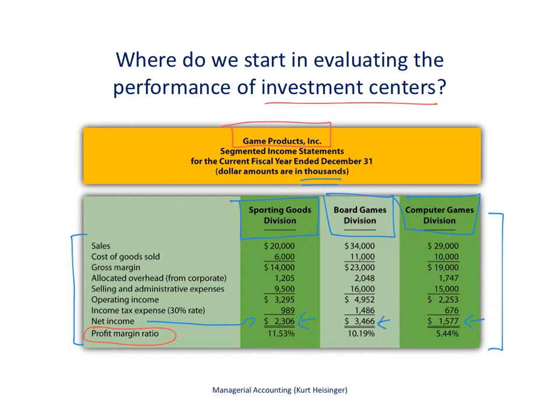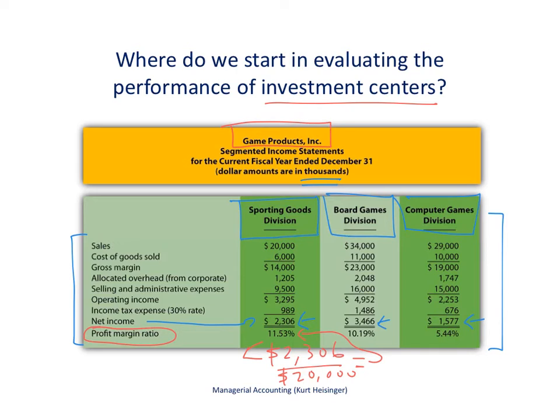So in looking at this 11.53% here, we calculate that, just giving you one example, by taking net income of, and these are in thousands again, $2,306,000, and then dividing that by the sales of $20 million. And that's going to give us the profit margin ratio that you see right here of 11.53%.